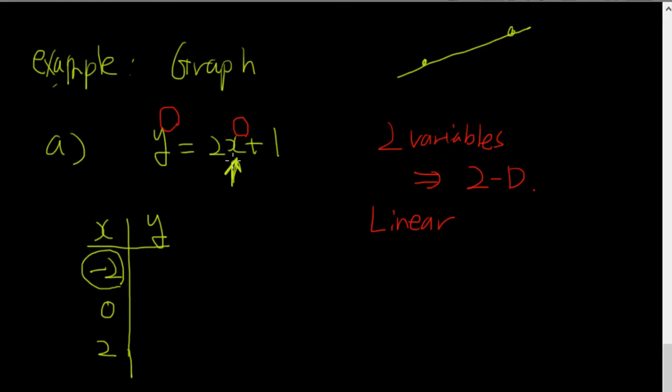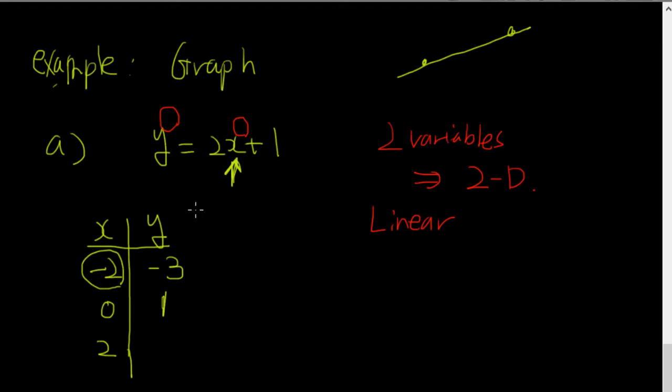So if I replace this by -2, 2 times -2 is -4, plus 1, so that should be -3, right? If I put 0 there, 2 times 0 is just 0, plus 1, so y is just going to be 1.